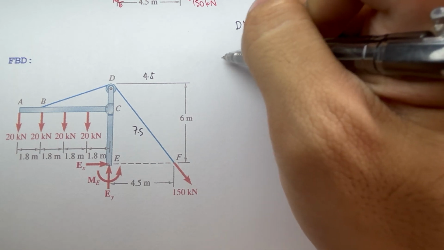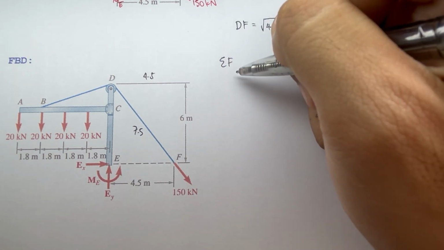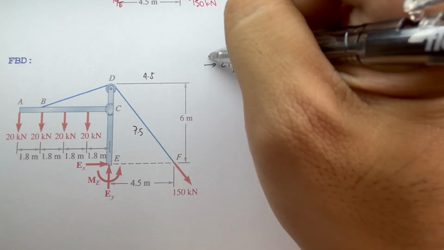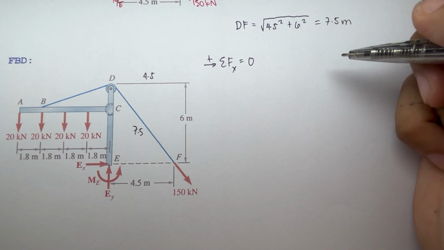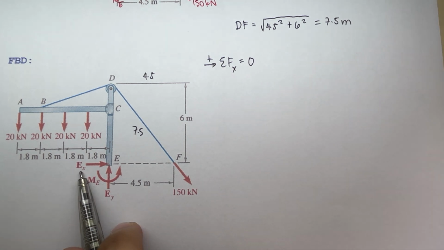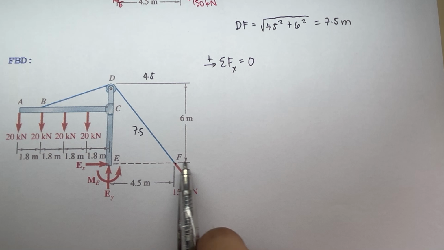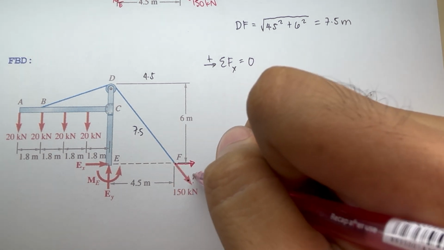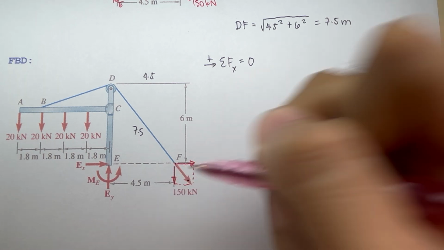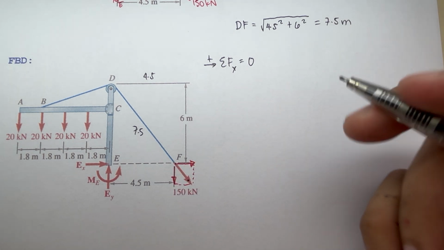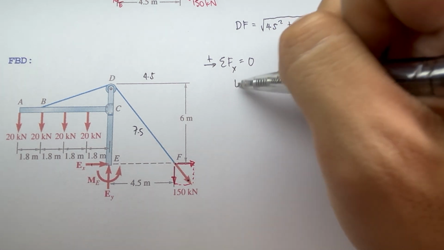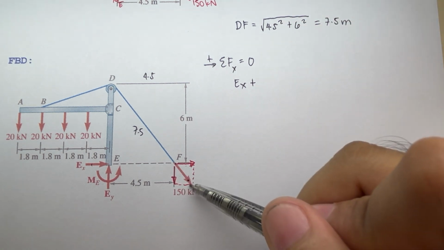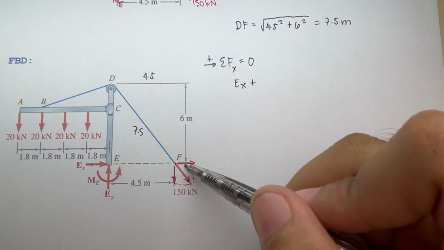First, we have summation of forces along X equal to 0. We have positive towards that direction. So what are the forces along X? We have our EX and the component of our 150 force towards that direction. So positive EX, and then we have also positive the component of 150. How do we get it?